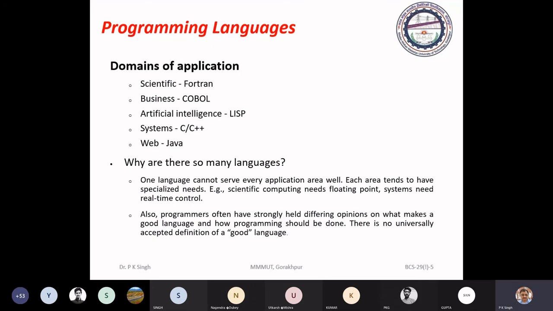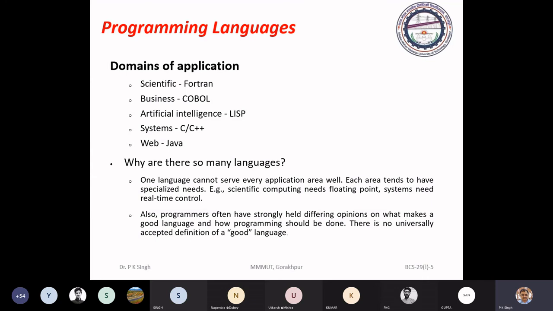If you consider the case of solving a larger equation in seismic analysis, the Fortran language is relevant. Then for business solutions, we used to use COBOL. Now it is not being used. It is obsolete.